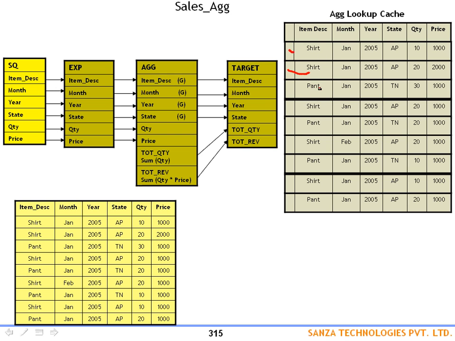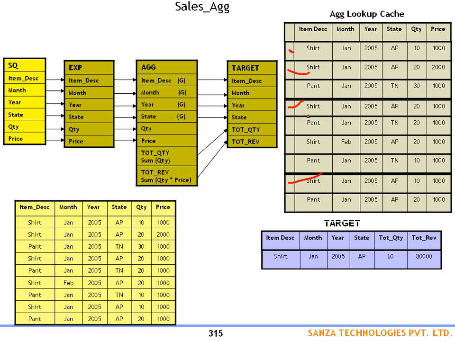Same combination, Shared January 2005, Shared January 2005; PAN, not the same combination, then goes to the next record; then PAN, not the same combination; goes to Shared February, January, not the same combination; then PAN January, PAN, different combination; then Shared January 2005 AP, same combination. So it will scan the cache, mark the record, then send the record out, then go back. Whichever is the first unmarked record, it will take it, then go through the unmarked records.